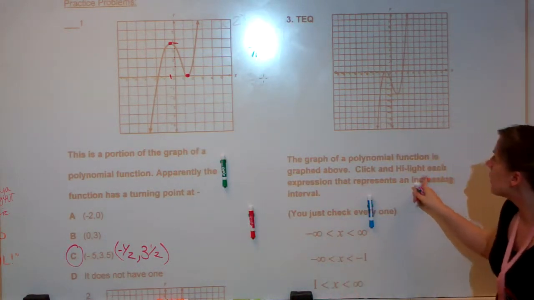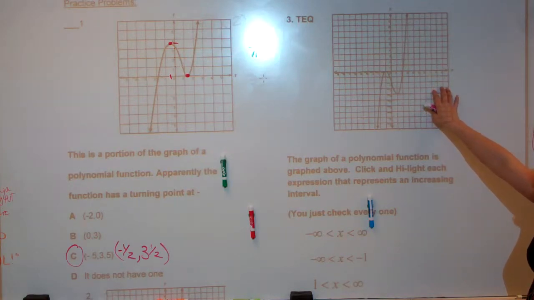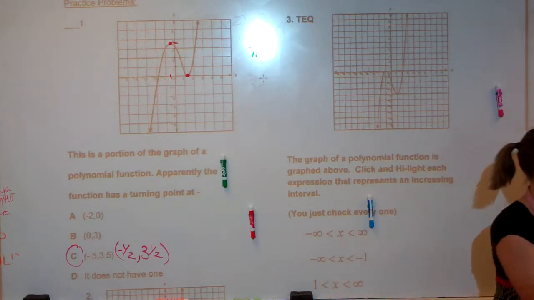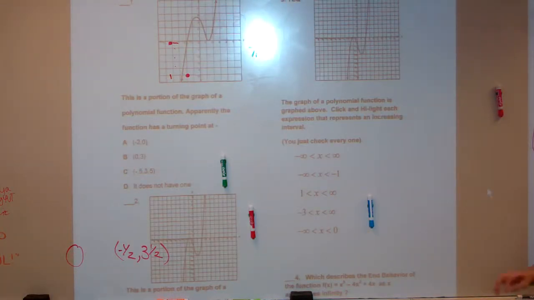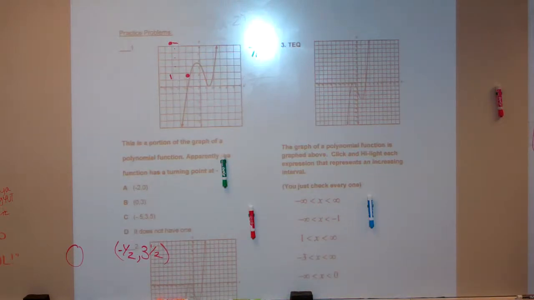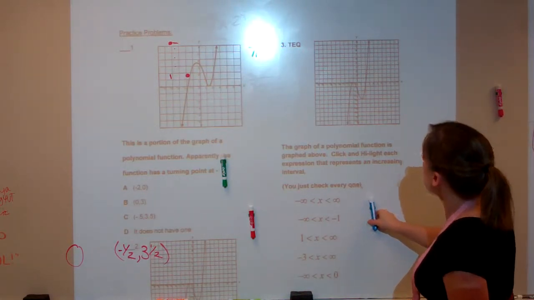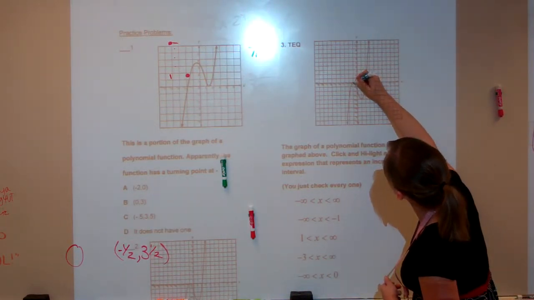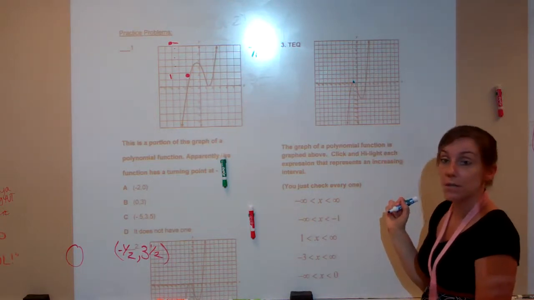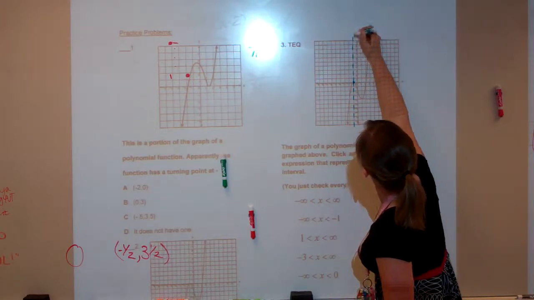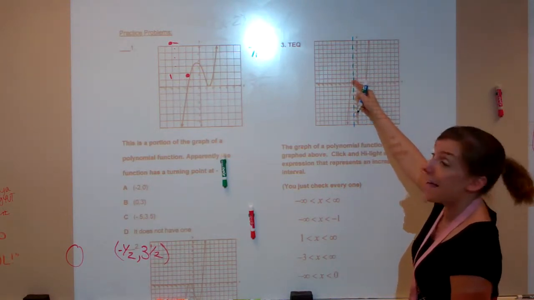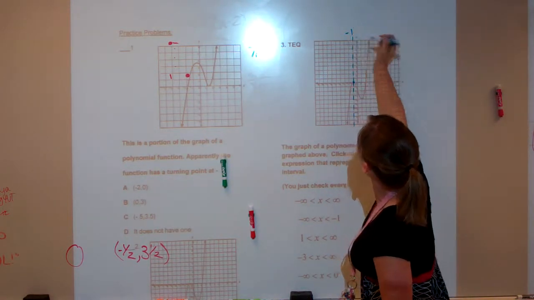Just remember, okay, we also talked about increasing and decreasing, so let me zoom this out so that we can see all the answers. All right, remember, for increasing and decreasing, you go by the turning points. So since there's a turning point there, that means that breaks it into an interval. All right, and the x value is negative 1.